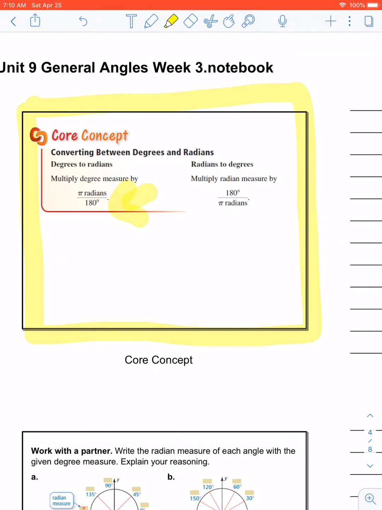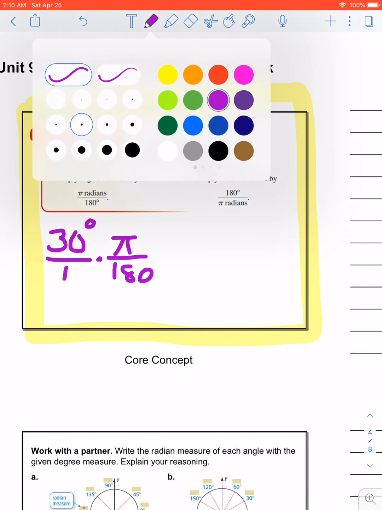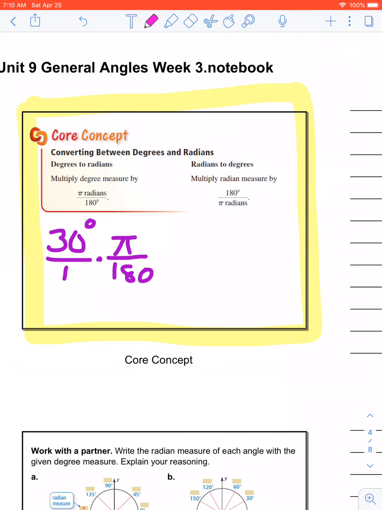So let's just quickly practice one of these here. Let's say I have 30 degrees, and I want to change 30 degrees to radians. So what I'm going to do is make that a fraction and multiply it by pi over 180. Going back to rational functions earlier this semester, I am going to simplify that, cross-simplifying.